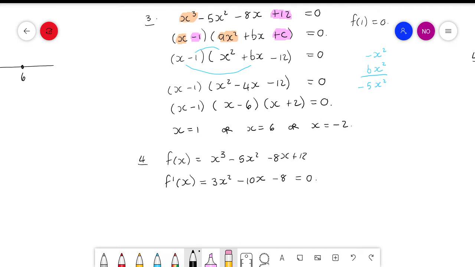Good, and do you see that is a quadratic three-term? So we can factorize that. You are allowed to use your formula. But if you're good at factorization, you can just show your brackets.